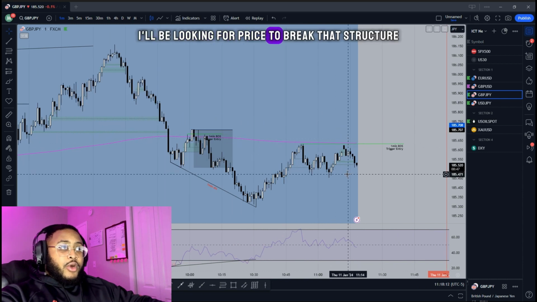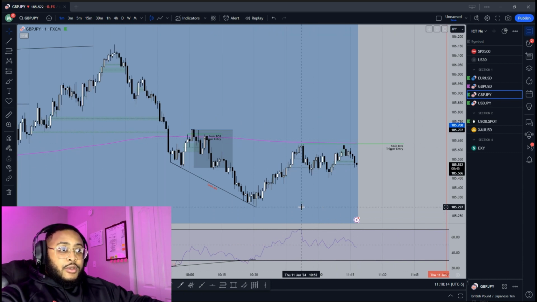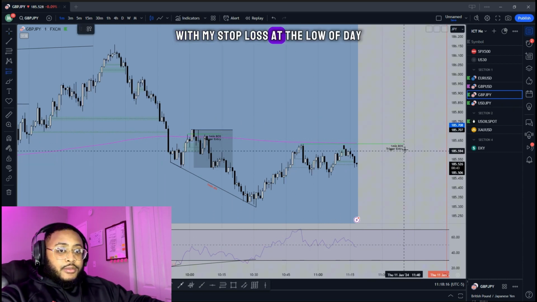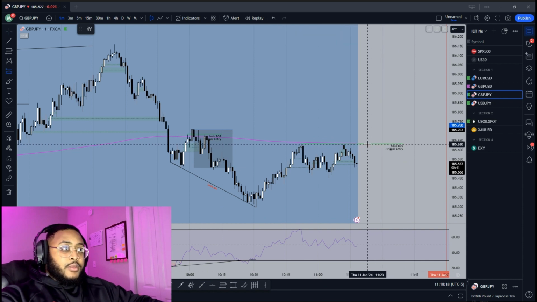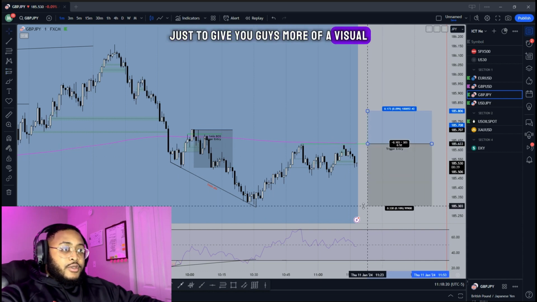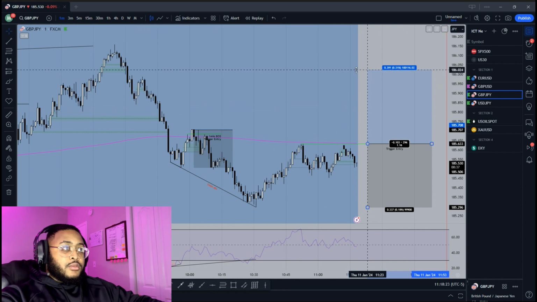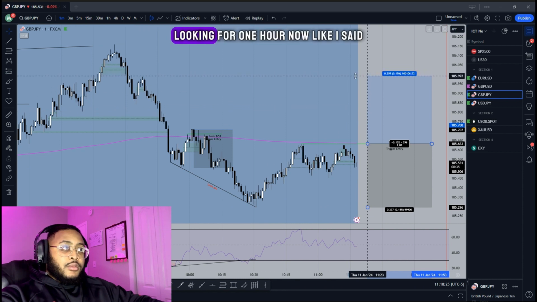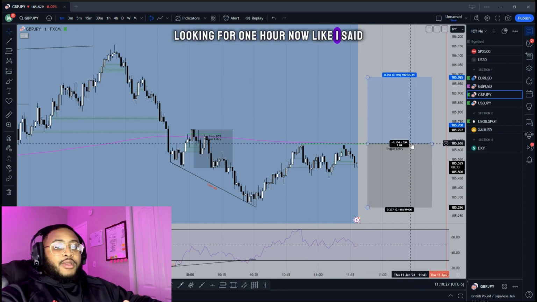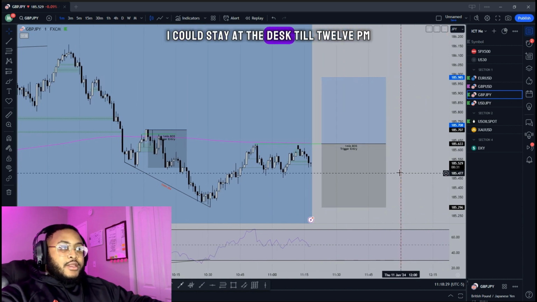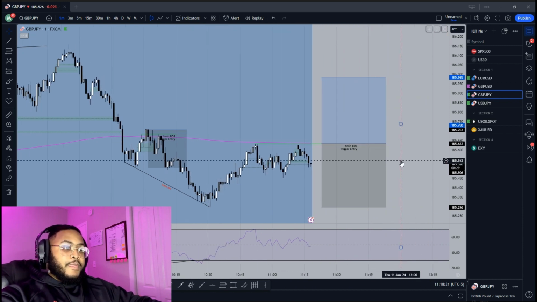I'd be looking for price to break that structure with my stop loss at the low of day. Just to give you guys more of a visual. Looking for 1R.